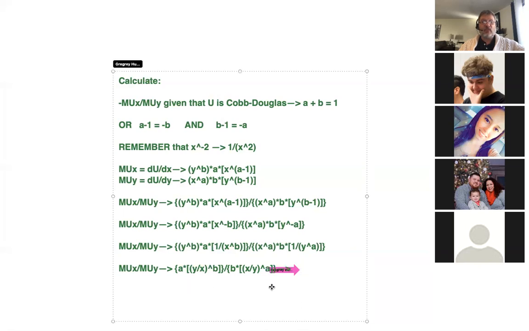But what this reduces to, and it's a little bit hard to do it here on this screen, is MUX over MUY is equal to alpha y over beta x.